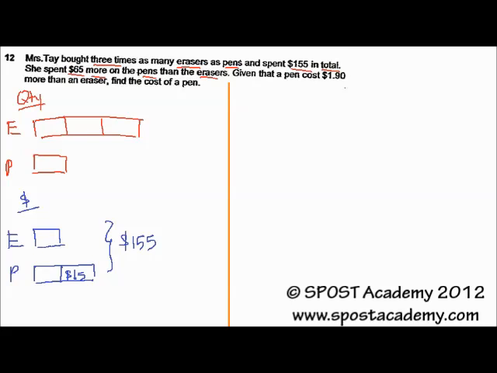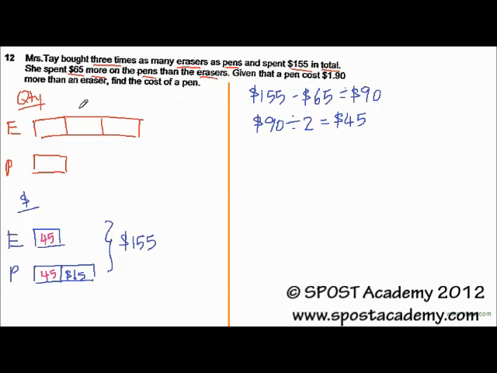So to find the amount spent on erasers and pens, what we need to do is just $155 minus $65, which would give us $90. And $90 divided by 2 will get $45. That is to say, this is $45 and this is $45.